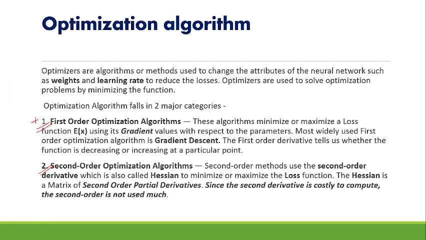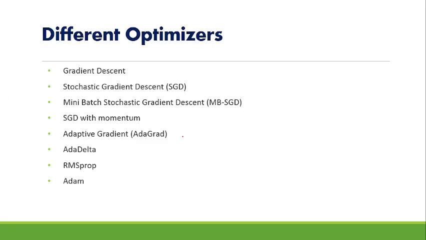Most of the time first order optimization algorithms are used. These are some of the major optimizers: gradient descent, stochastic gradient descent, mini batch stochastic gradient descent, SGD with momentum, adaptive gradient, AdaDelta, RMSProp, Adam. Some of them are very important for us.